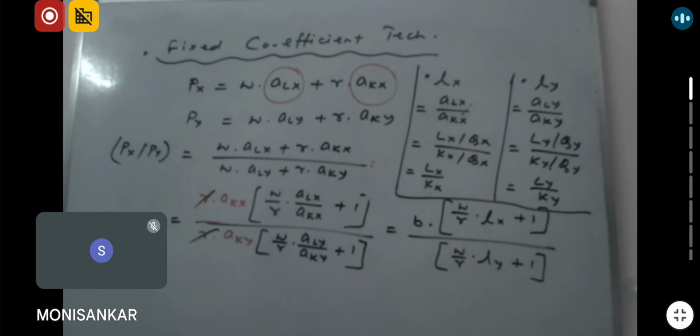So this one is nothing but Lx, Ly, the labor capital ratio in X sector, labor capital ratio in Y sector.